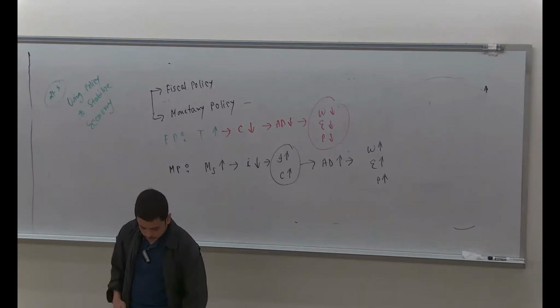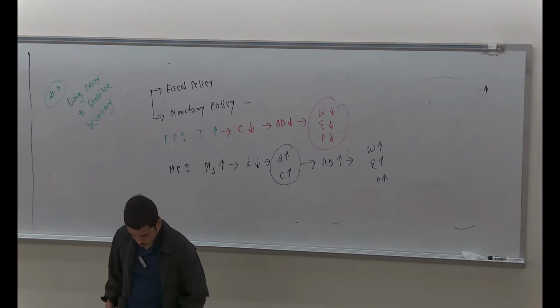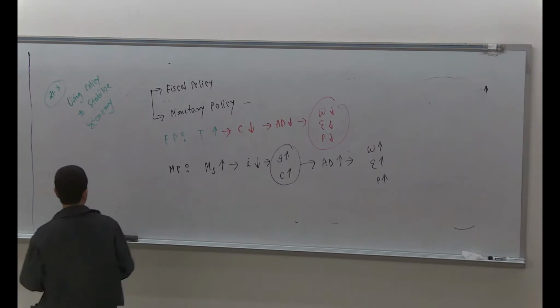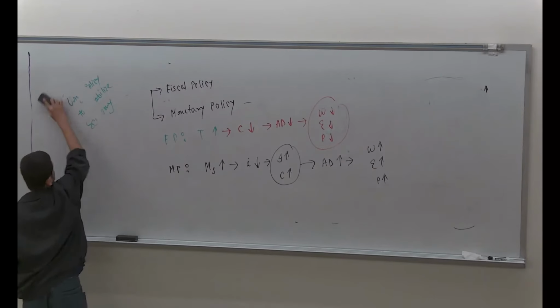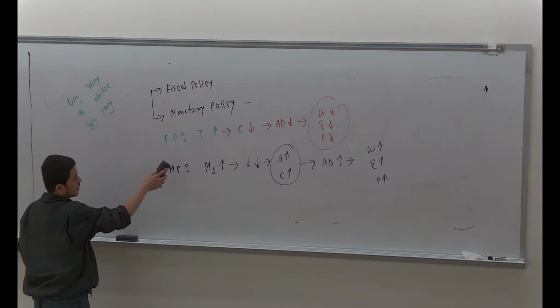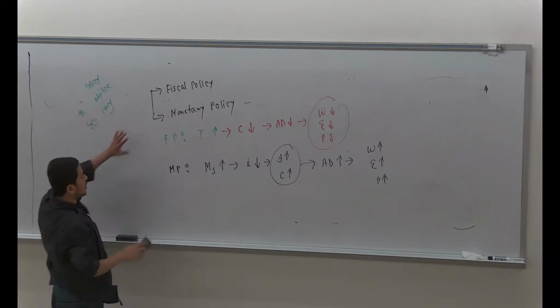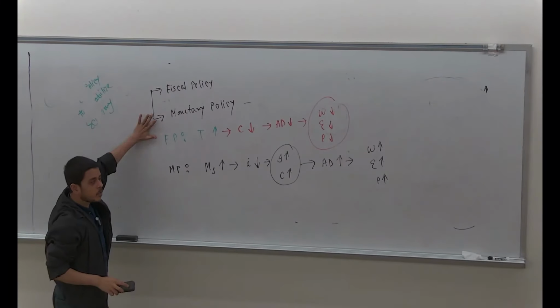I'm going back to chapter 20 to draw a diagram and to see why this is happening. Chapter 21 is done. Whatever lessons we learned here, we'll use them to implement in chapter 20.